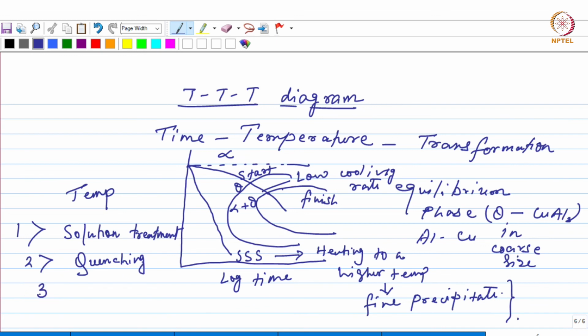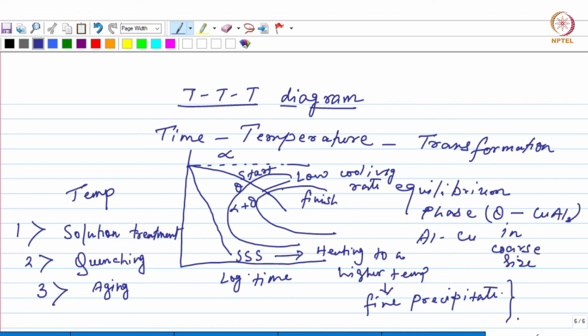And finally, you will have to heat it at certain temperature for a certain period of time for the precipitates to form, and that operation is known as aging. And that is why this is also known as age hardening.